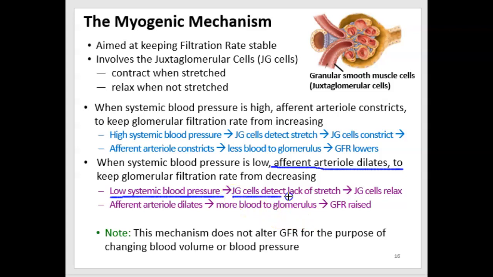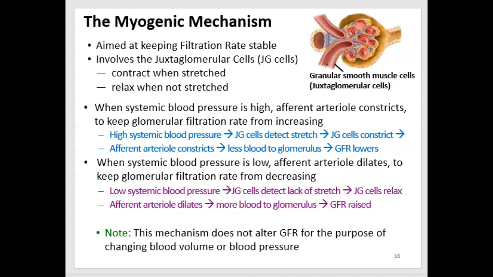The JG cells, the juxtaglomerular smooth muscle cells there, don't detect stretch, and so they relax. And if they relax, then the arteriole is dilated, and you get more blood going into the glomerulus, and so that raises the GFR above what the systemic blood pressure can provide.